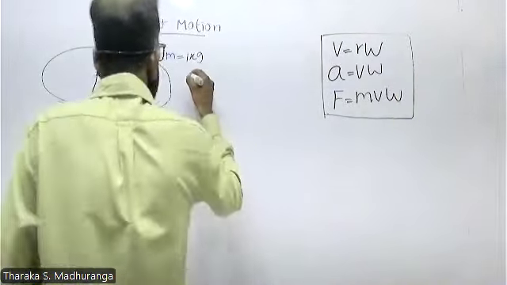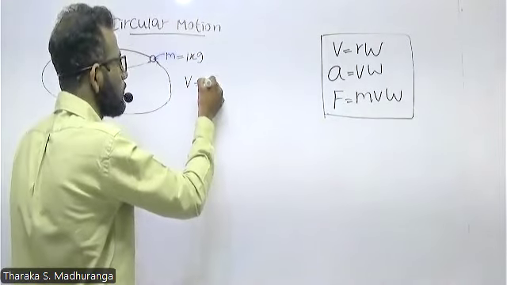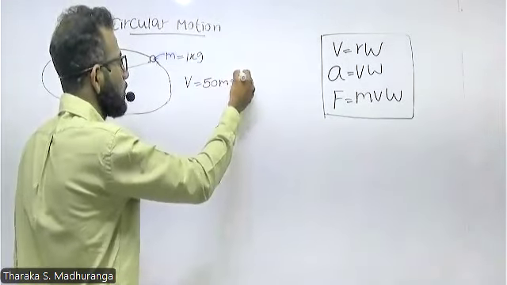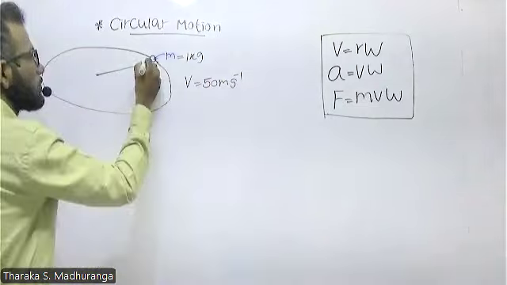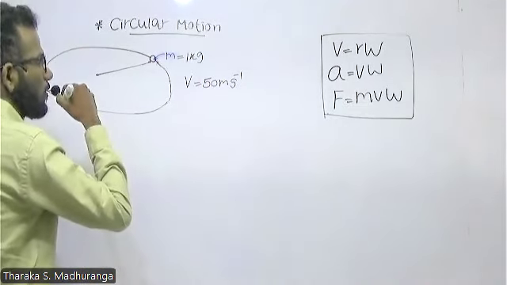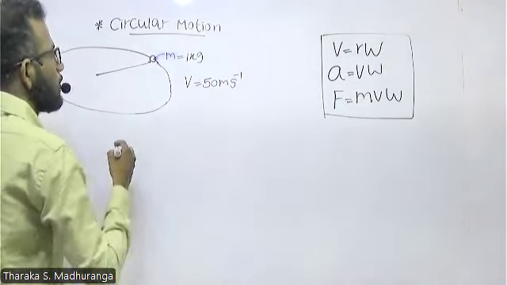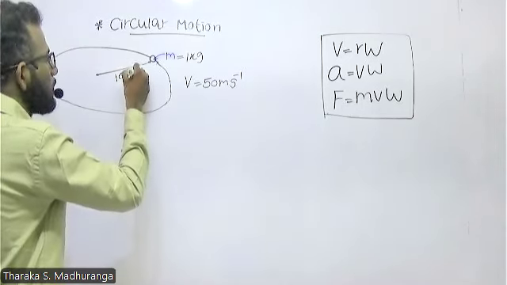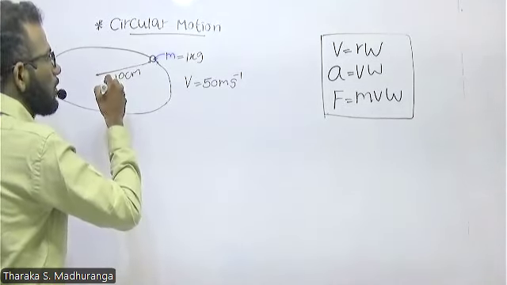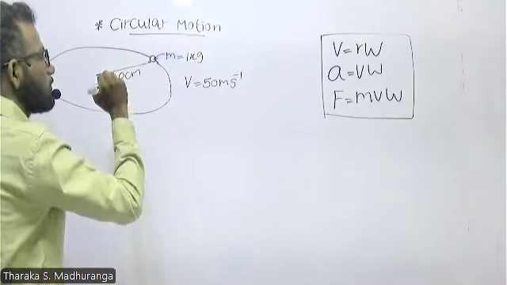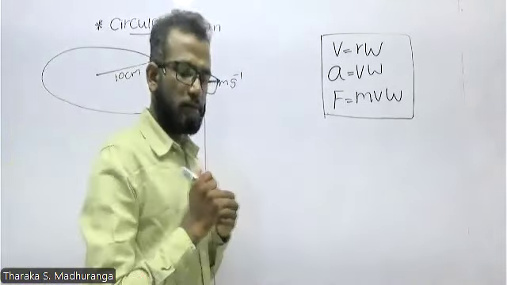The speed is 50 ms minus 1. It is 10 centimeter radius. Mass is 1 kilogram. Yeah, that's only.